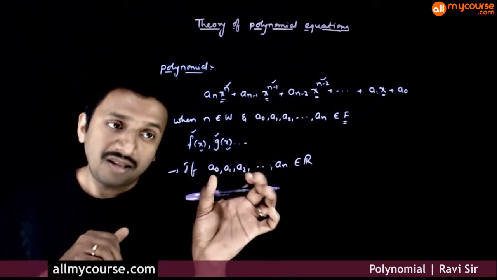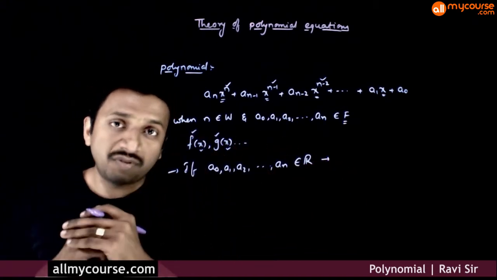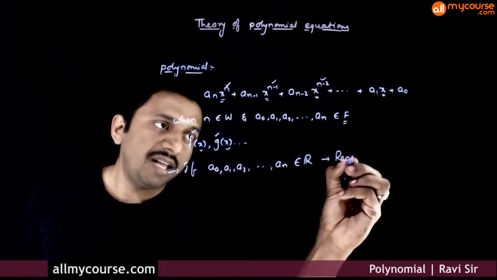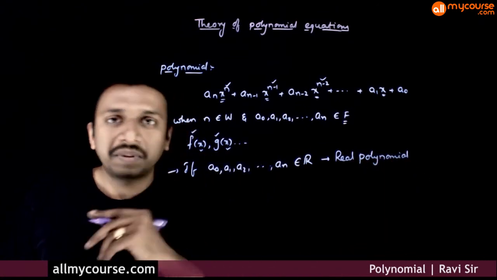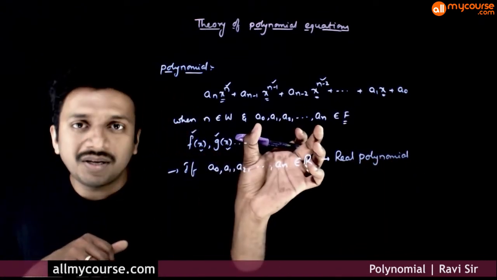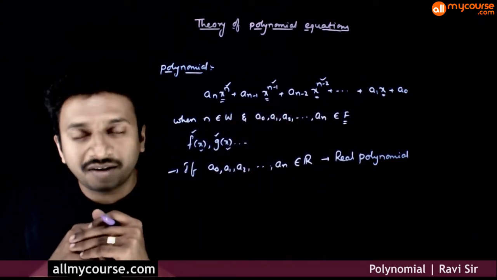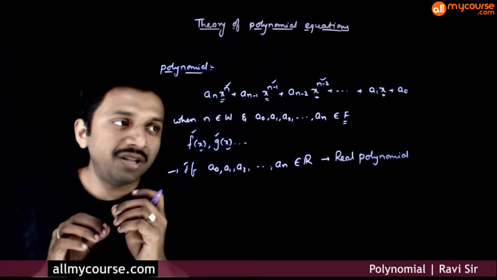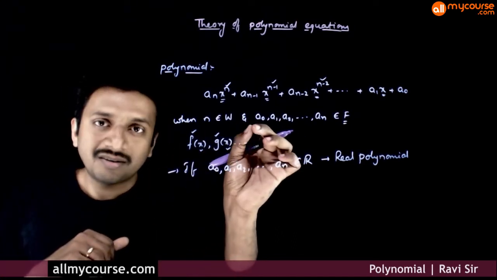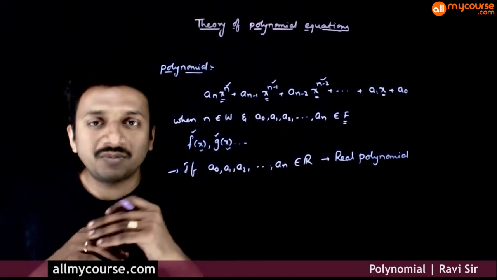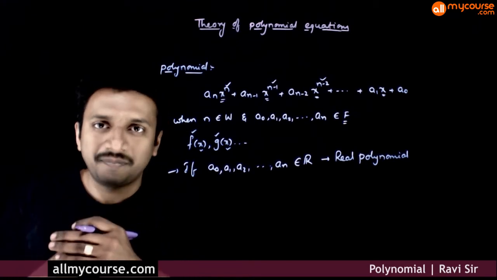So if these coefficients belong to real numbers, then the polynomial which we have is called a real polynomial. If all the coefficients of different powers of x are real, then the polynomial is called a real polynomial. If all the coefficients belong to the set of complex numbers, then it is called a complex polynomial.